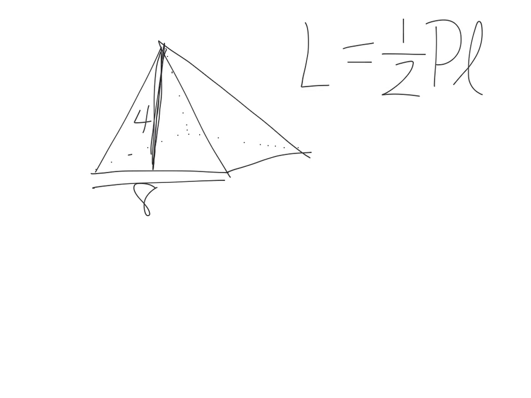So if it's a square pyramid like this one is, then I have 4 times 8, that would be 32, times the 4, and then times 1/2 or divided by 2.